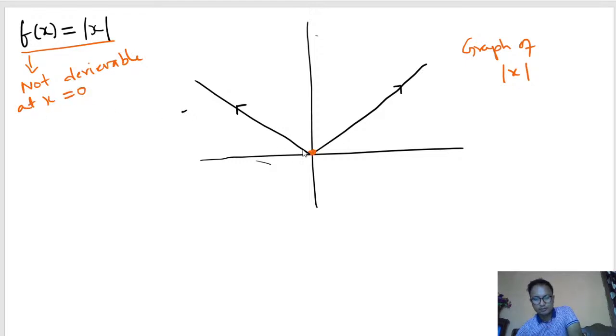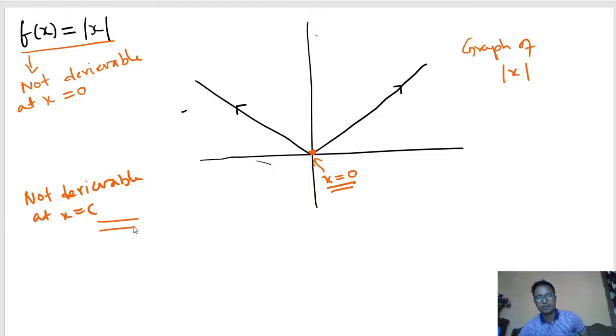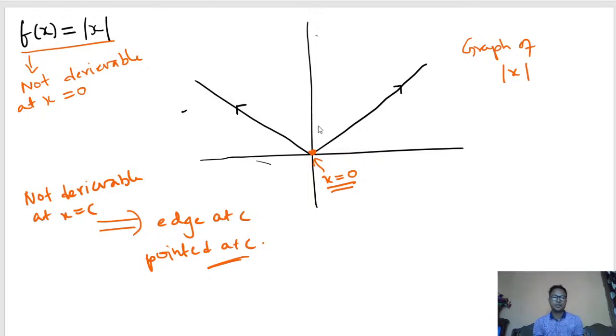At x equal to 0 the graph has a sharp corner, a pointed edge. Wherever the graph has a sharp edge or pointed corner, the function is not derivable at that point.